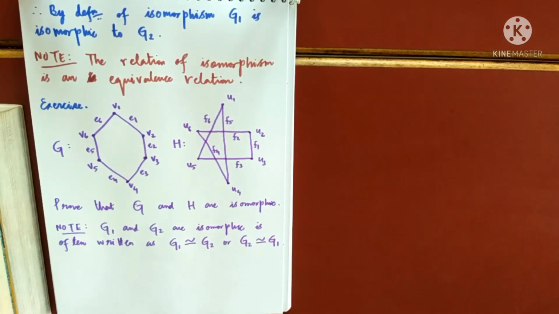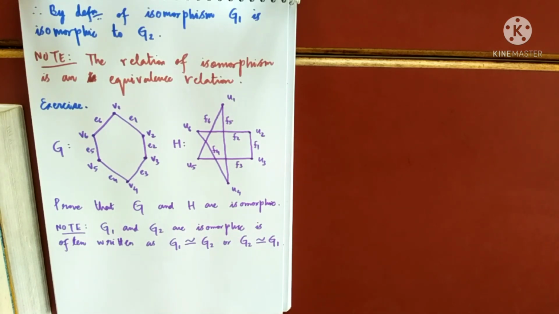So whenever two graphs are isomorphic, we write like this. So I may use the term same and different. When I use the term G1 and G2 are same, you assume that I'm talking about isomorphism. And if I'm saying that G1 and G2 are different, I am talking about them being non-isomorphic. So the term same is same as isomorphic, and the term different is same as non-isomorphic.